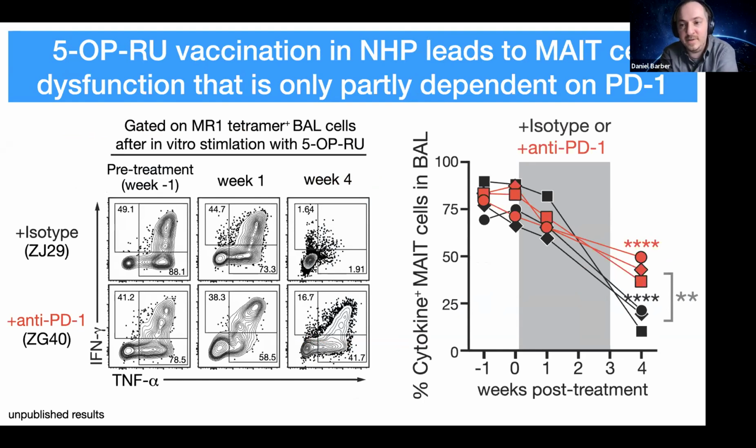We saw it again, even with MAIT vaccination with 5-OP-RU and CpG. The lack of expansion was not due to PD-1, but the loss of effector function was partly due to PD-1. So it was a bit complicated, but essentially what we found was that even with trying to give a bona fide MAIT vaccine, instead of growing MAITs, we kind of ruined them.